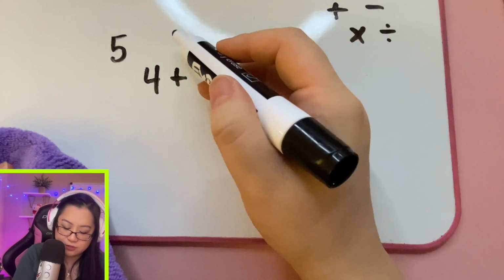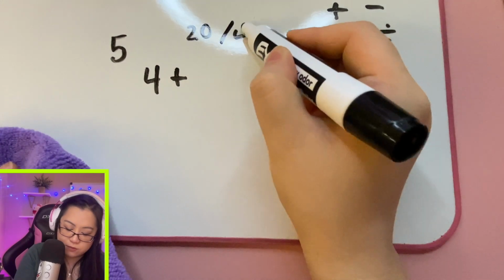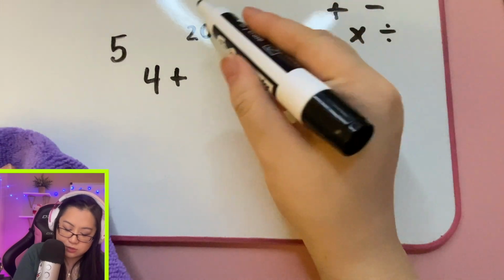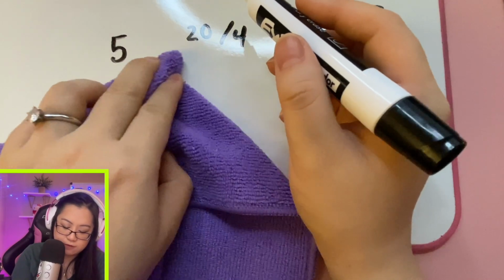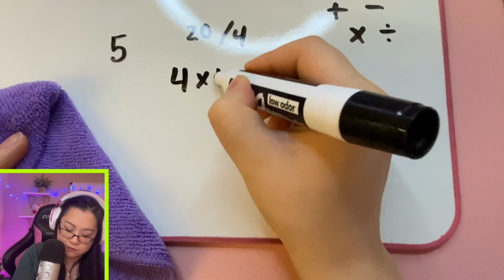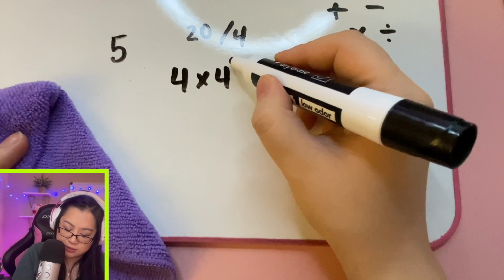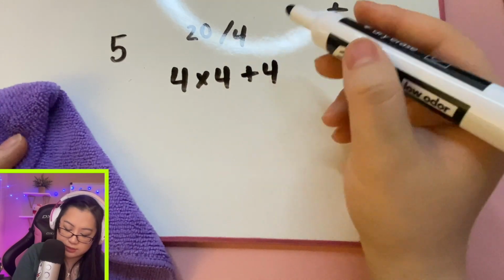So 5 is 20 divided by 4. So how can I get 20 with 3 4s? Oh, okay, so 4 times 4 is 16, plus 4 is 20.